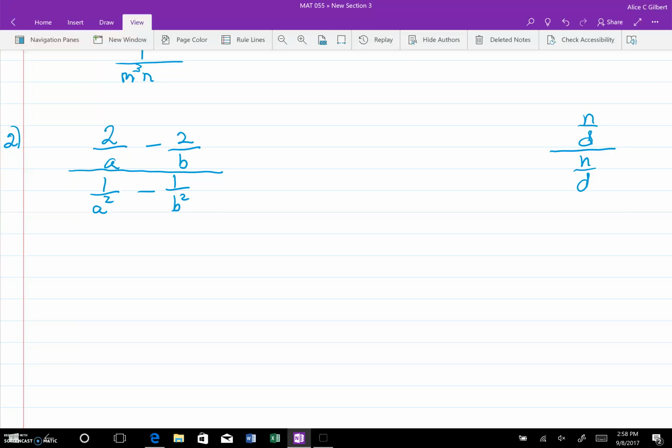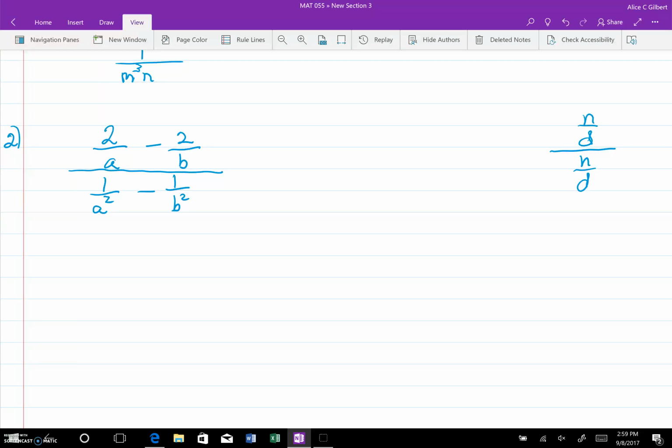And here in my numerator, I have two fractions, 2 over a and minus 2 over b. What I have in my denominator is 1 over a squared minus 1 over b squared. So I have two fractions in the numerator, two fractions in the denominator. I cannot do copy dot flip until I have one fraction in the numerator, one fraction in the denominator.